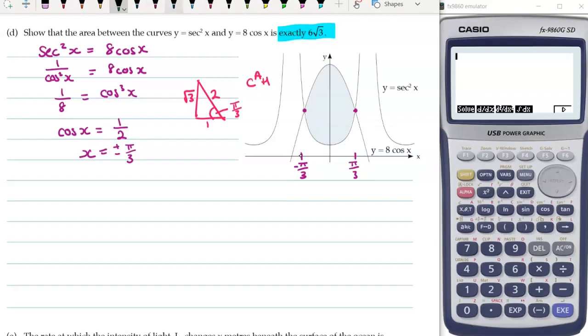Let's go with a blue to match the shading. So the area then will be the integral between minus pi by 3 and pi by 3 of the subtraction of those two curves. Now the top one is the 8 cos x, and we're going to take away the bottom one. This bit here is the sec squared.